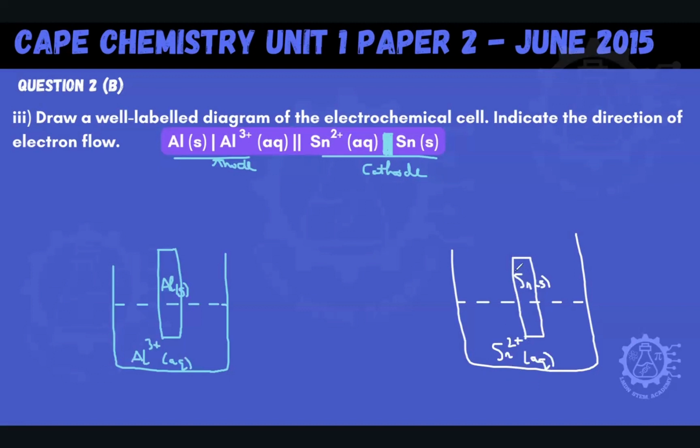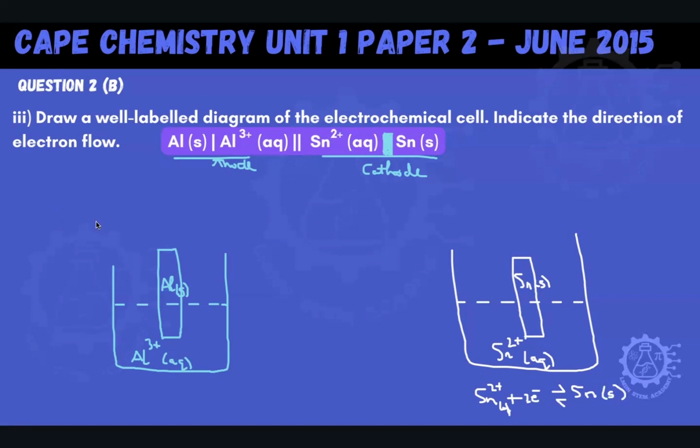Let's write that. So in this particular case, remember, this is our cathode, and that's where reduction takes place. So I'm going to write it as such, that I have my Sn2+ aqueous plus 2e-, so it's gaining 2 moles of electrons, and equilibrium gets set up, and then that's how my Sn solid is formed.